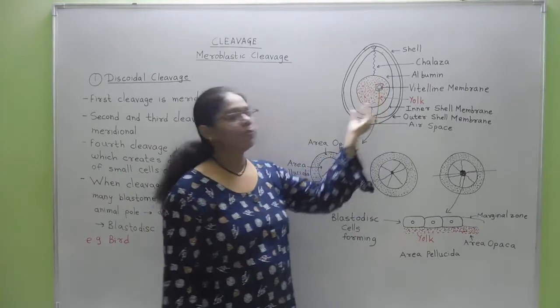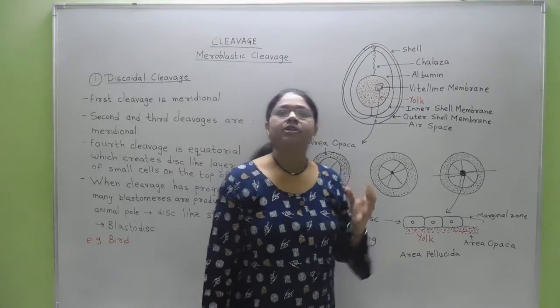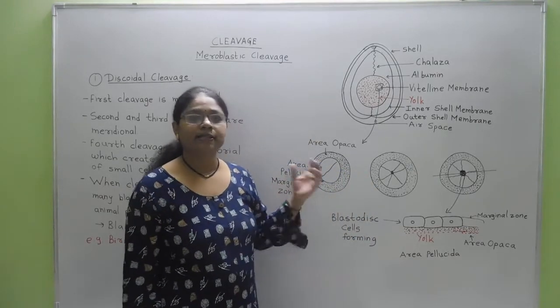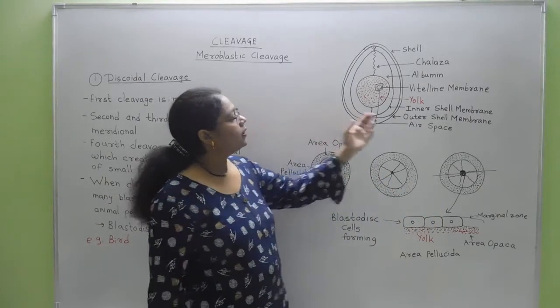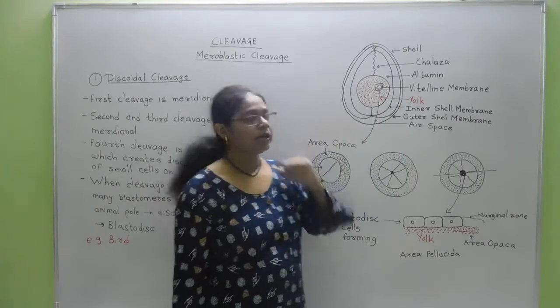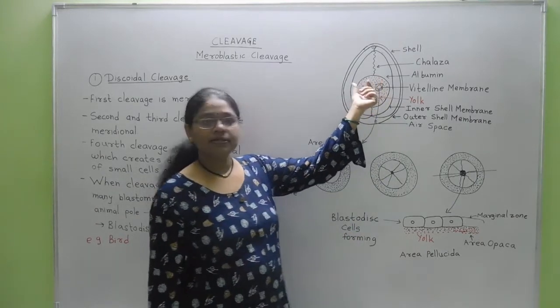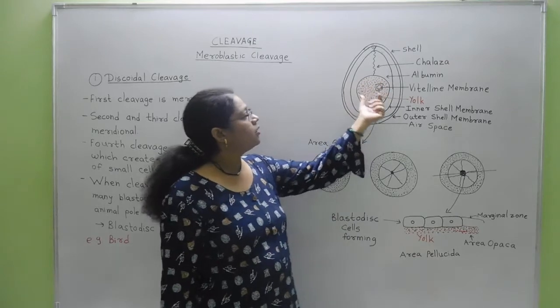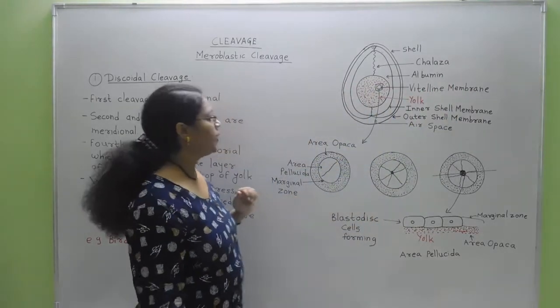So at the vegetal pole the yolk is concentrated, and therefore such eggs are termed telolecithal eggs, because telo is end. This is the inner shell membrane, this is the outer shell membrane, and this is the air space. And this is the fertilized region, or this is the vitelline membrane of the egg.